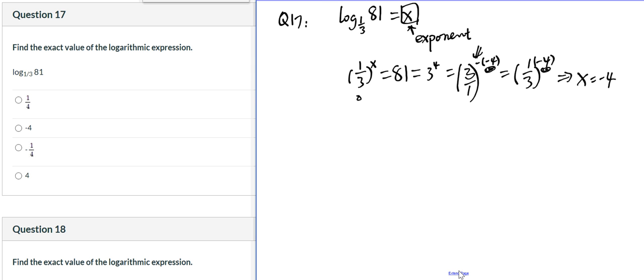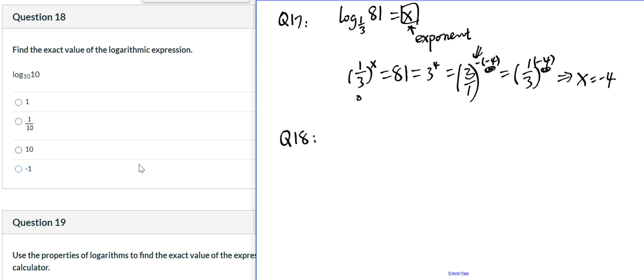And we do more. Question 18: we want the exact value. Here is log base 10 of 10.